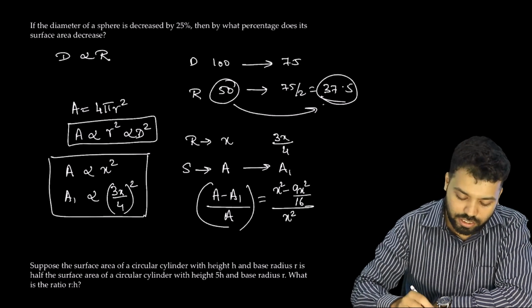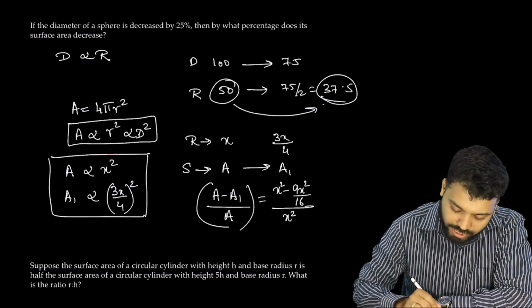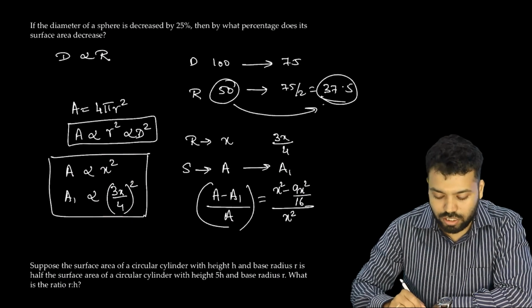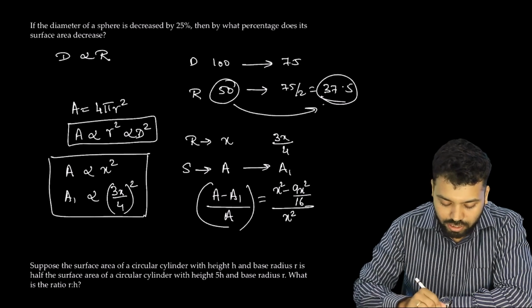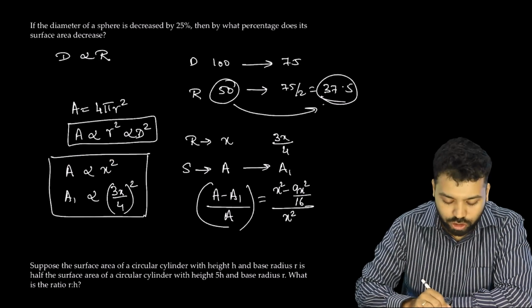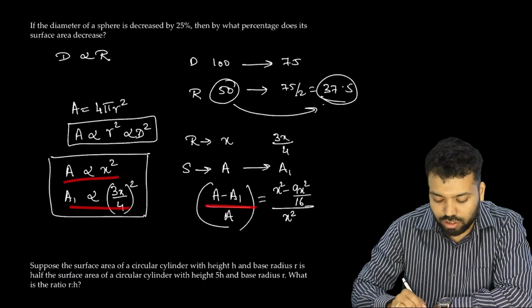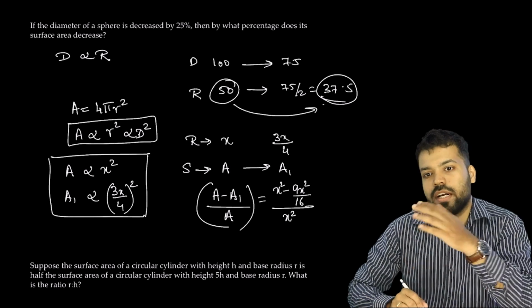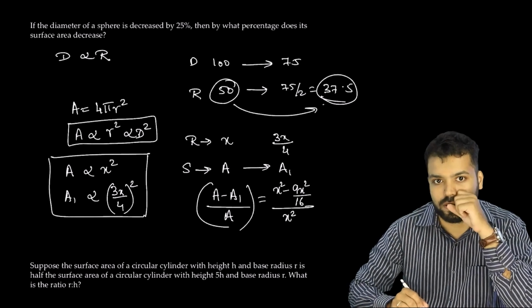Correct? My A is proportional to x square. My A1 is proportional to 3x by 4 whole square. And I'm dividing it by the corresponding A here. I hope you know this: when two things are proportional, I can do these operations. I can subtract, I can take the ratios of the areas.